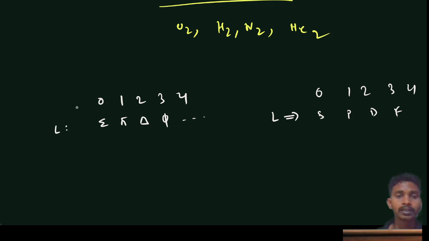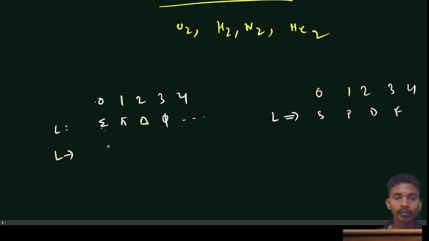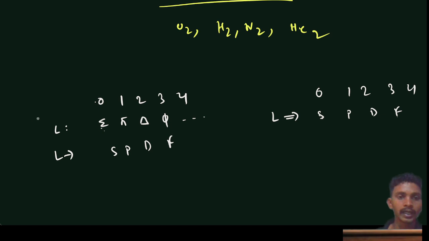For normal atoms, 0 will be S, then P, D and F. But for diatomic molecules, the L value 0 is sigma, 1 is pi, 2 is delta, and 3 is phi.